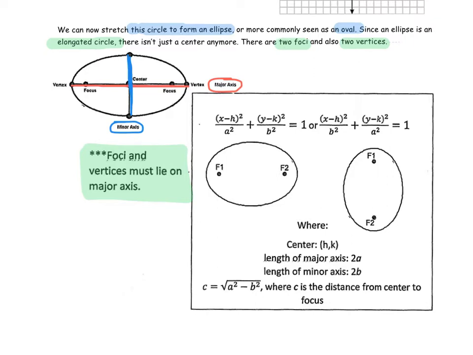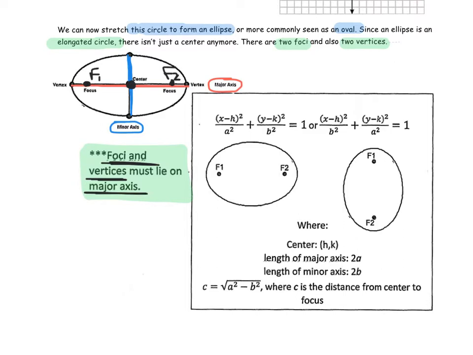All right, so yes, we'll have this center point along with 2 foci. So here's our center point right in the center. And then you'll have focus 1 and focus 2. Okay, the vertices are always along, I'll say it again, the vertices are always along the major axis as well as the foci.